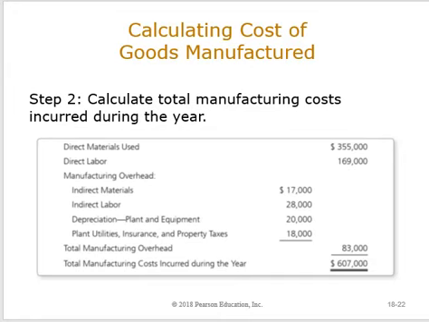Let me stop on this one more just because calculating the cost of goods manufactured, please look at manufacturing overhead. That's going to be your indirect costs. Remember, see where it says depreciation? It's associated with plant and equipment, all right? That is for the factory. Then it says plant utilities, insurance and property taxes.